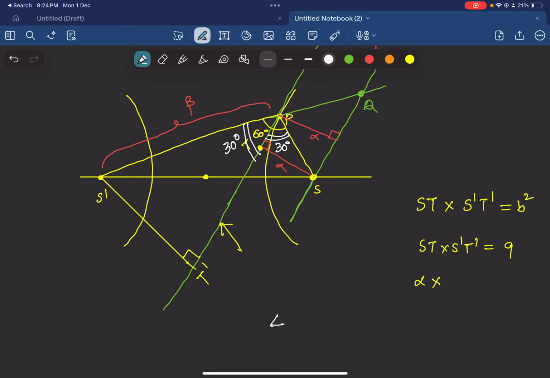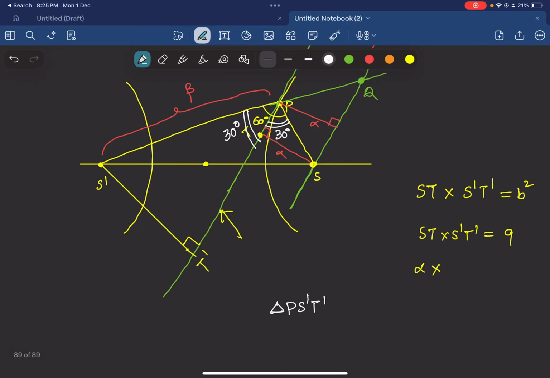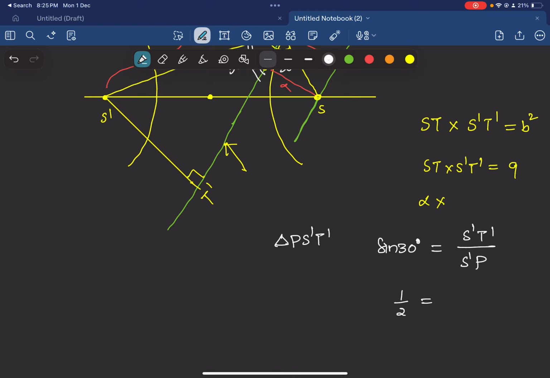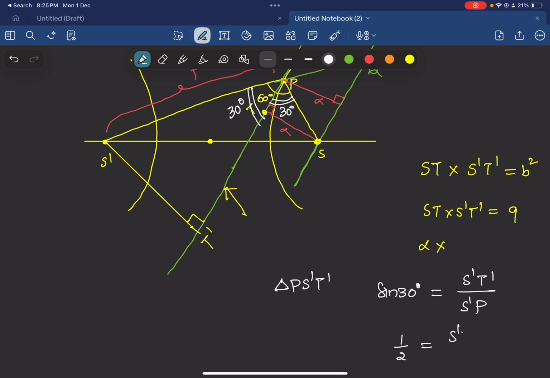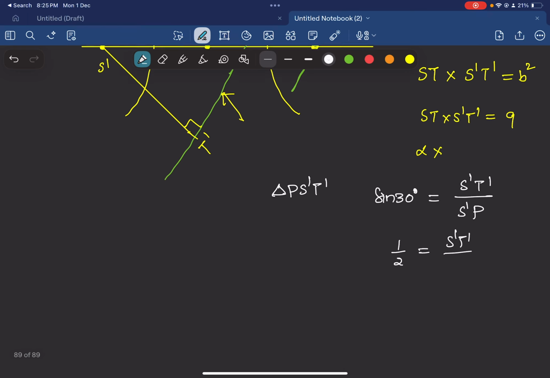Now consider triangle P S dash T dash. When you apply sine 30, it will be S dash T dash upon S dash P. So this half is equal to S dash T dash by S dash P, which is already given as beta.